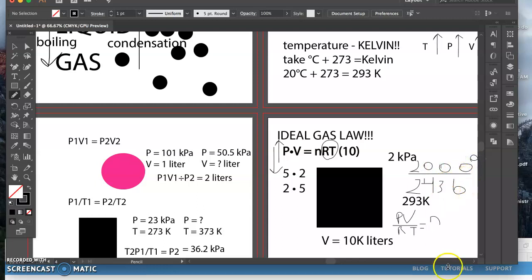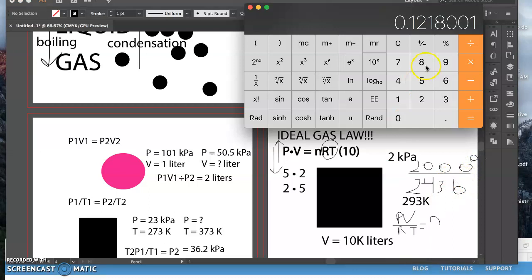And then when we get this in our calculator, this is the number, but it's inversed because I divided the bottom by the top.